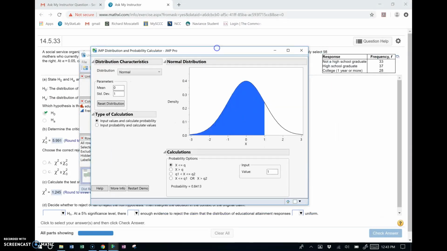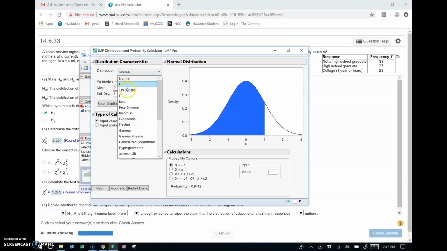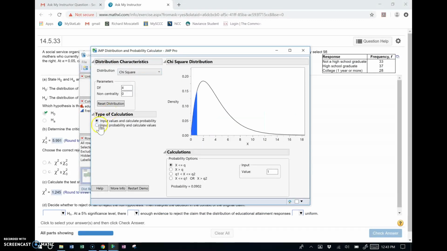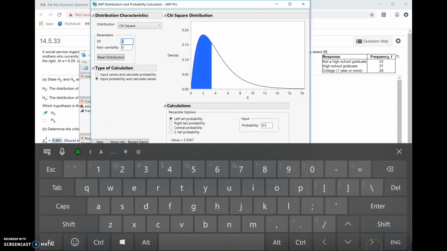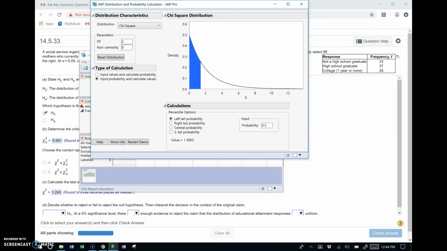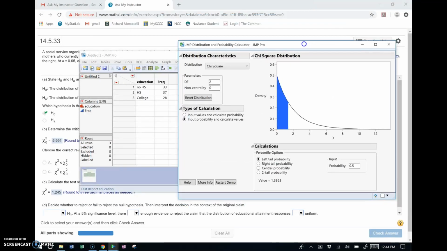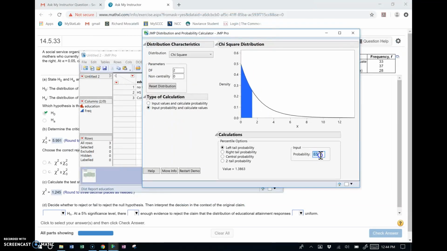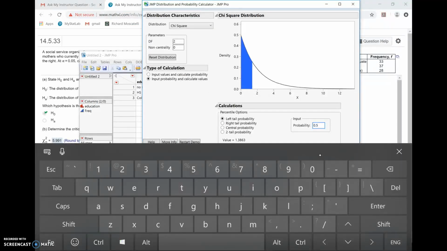So we've used this many times. Chi-square, I have a probability and I want to input a value. Remember, the degrees of freedom was 2. All right, and then this alpha region was, I believe, 5%. So let me put 0.05 in there.